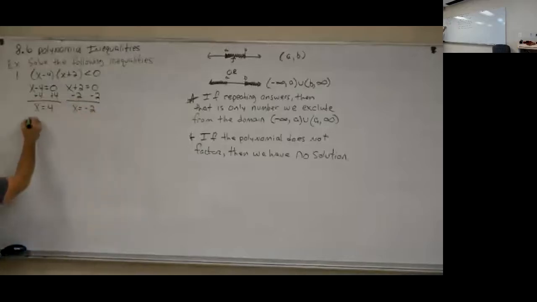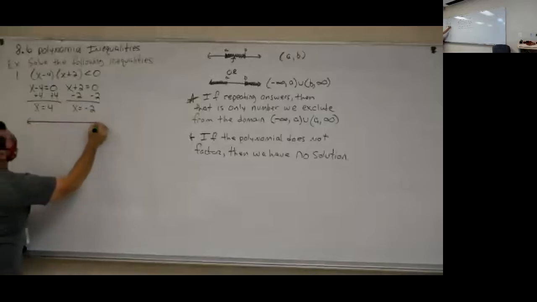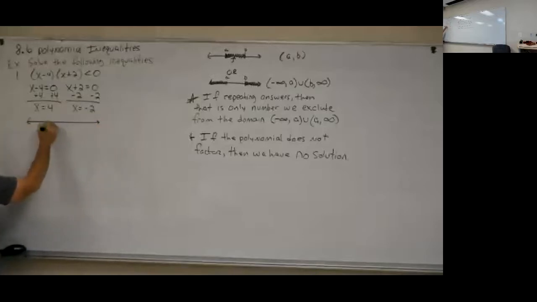I'm going to set up my timeline now. So let's see, negative 2 would come first, and then my 4. The number I always pick to test is 0, because it's the easiest to multiply and add. So I know that 0 is going to be in between the negative 2 and the 4 here, right?